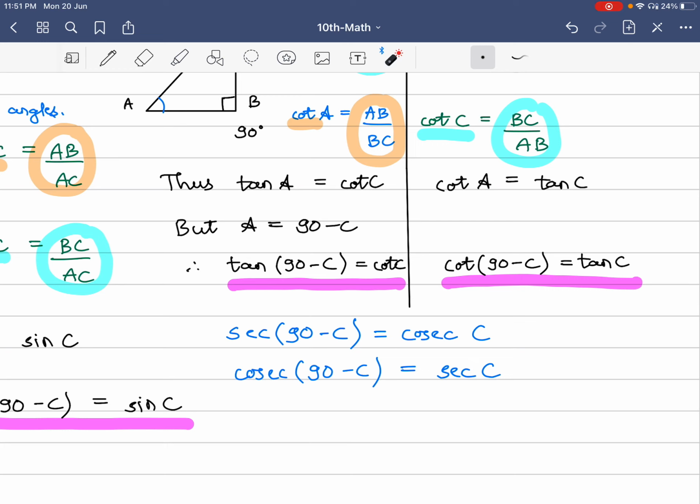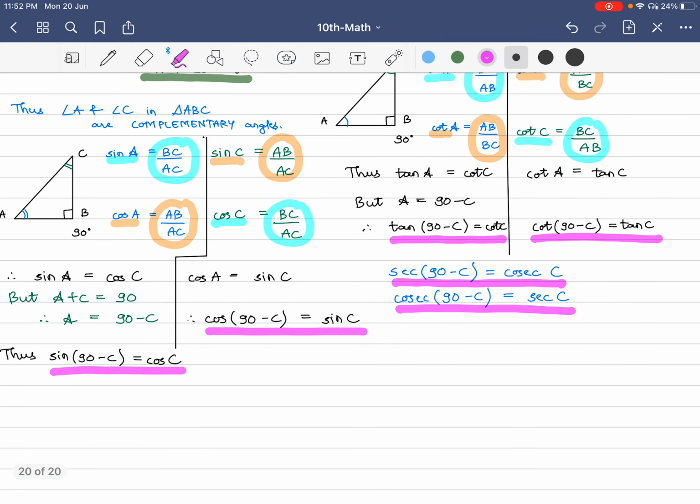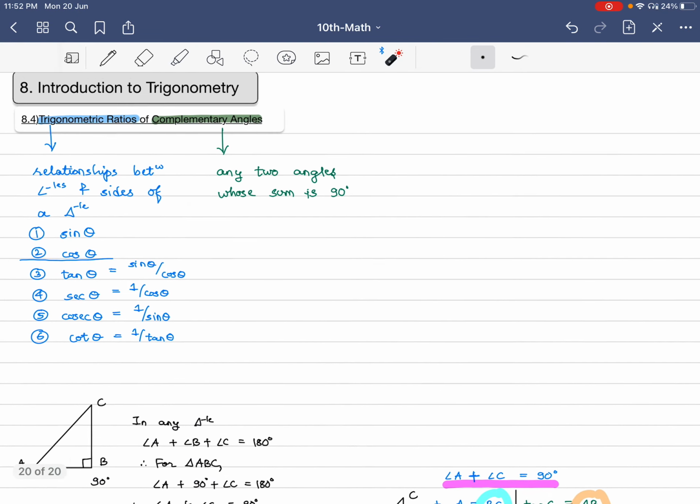You can write A, you can even say theta. The variable doesn't matter. Whatever we have highlighted in the pink color is the relationship between the trigonometric ratios of complementary angles, and that was what this video was all about.